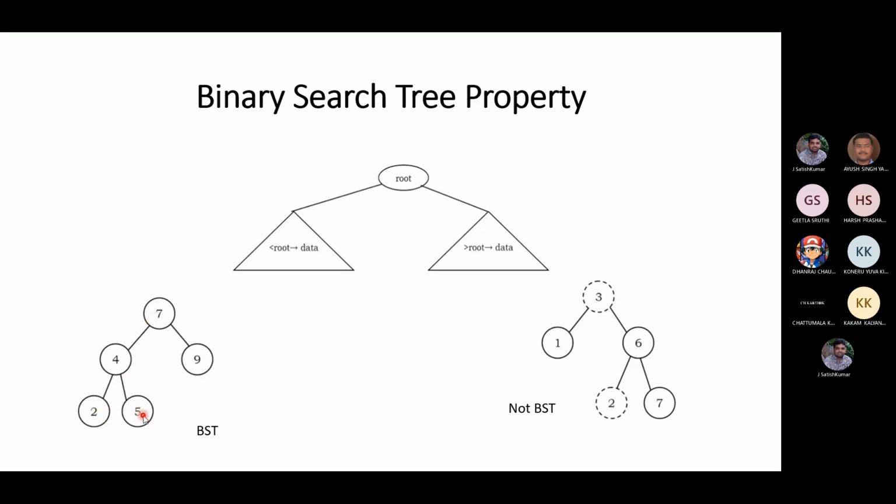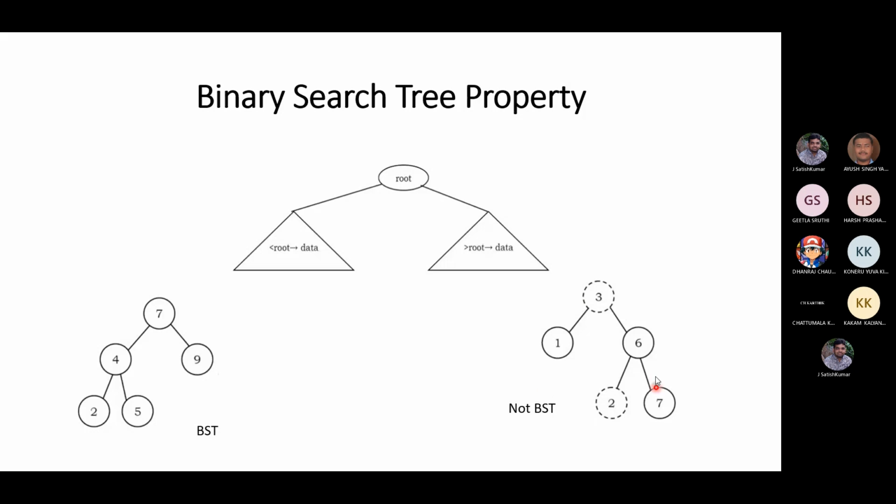For example, although 5 is greater than 4, 5 is less than 7. So you are building a tree in such a way that all the elements less than the root will follow the left side, all the elements greater than the root will follow the right side.